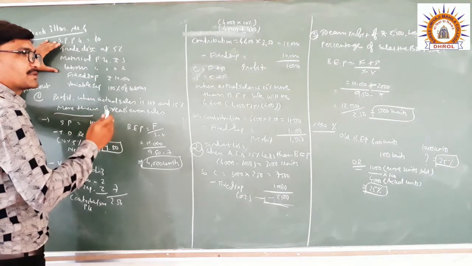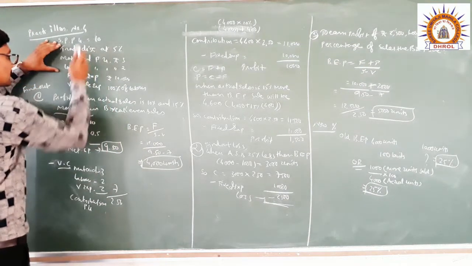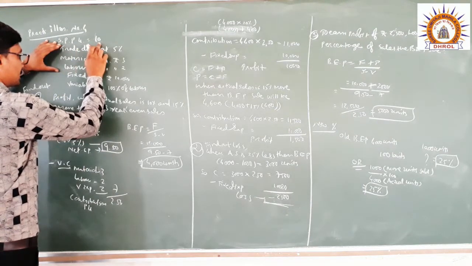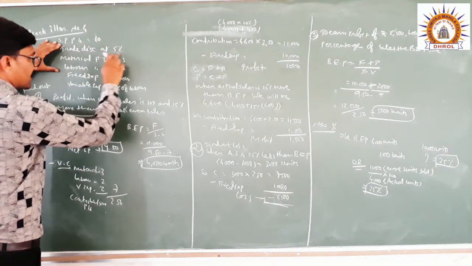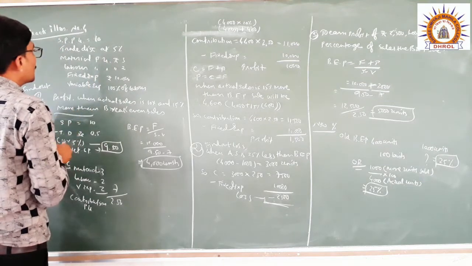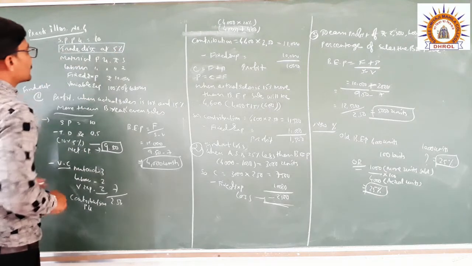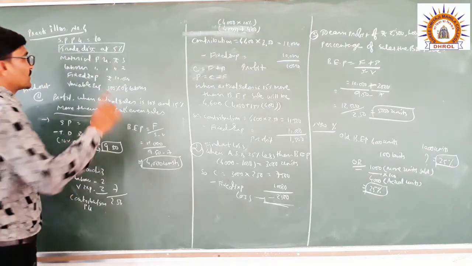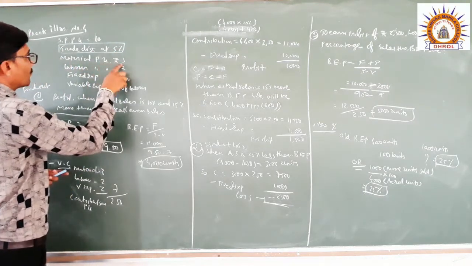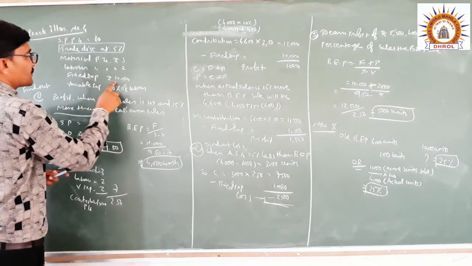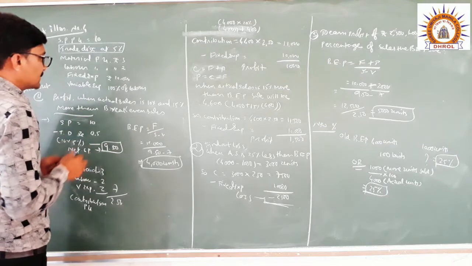First of all, the example is required, so the example is given. Selling price per unit rupees 10, trade discount at the rate of 5%. So this is the new aspect. Material per unit rupees 3, labor per unit rupees 2, and fixed expense rupees 10,000.